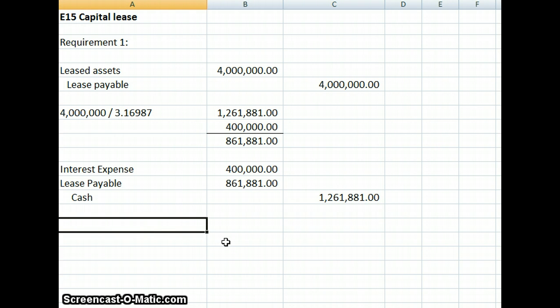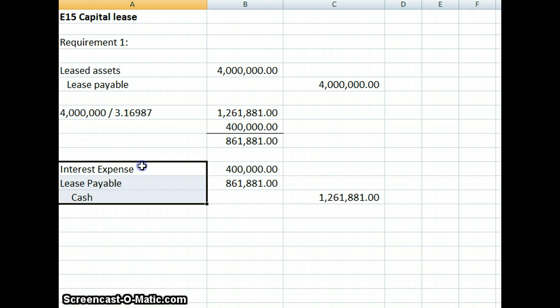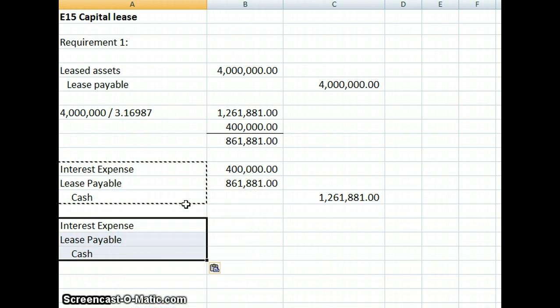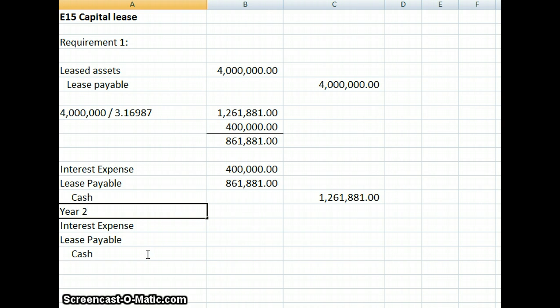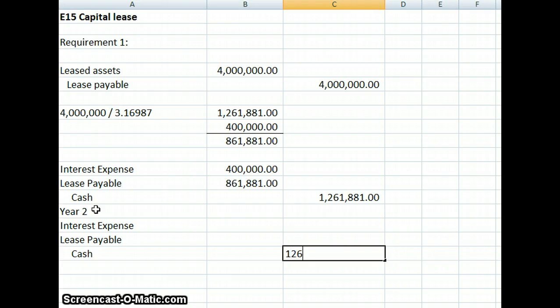Our second year, year 2, we would do the same thing. Our payment is going to remain the same, $1,261,881, so that's not changing.